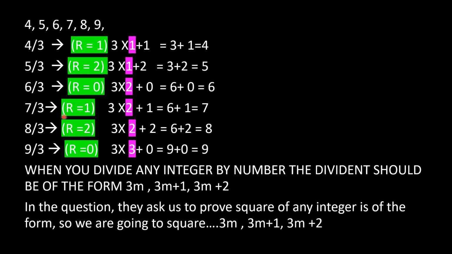In the same way, 7 by 3, 3 into 2 plus 1, 6 plus 1, 7. 8 by 3, 3 into 2 plus 2, that is 6 plus 2, equal to 8.